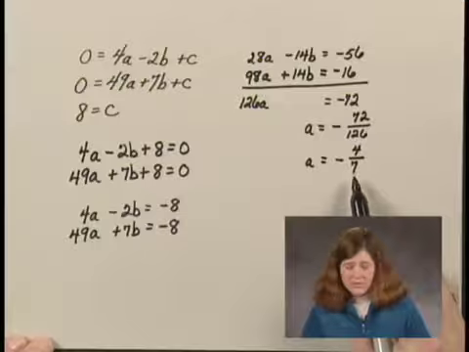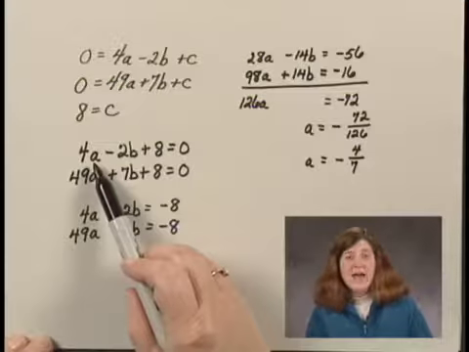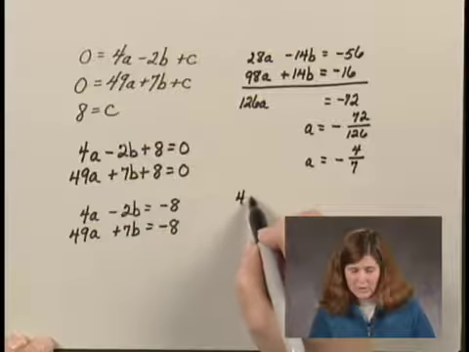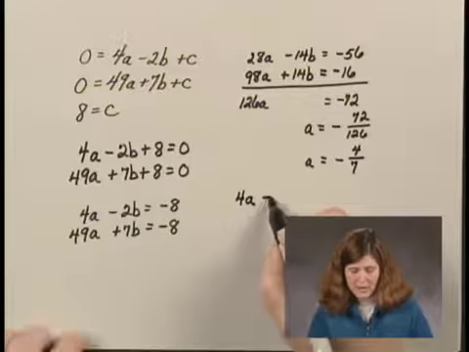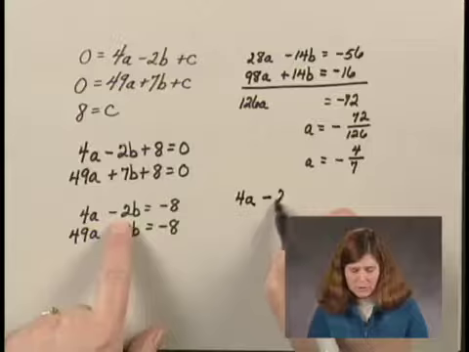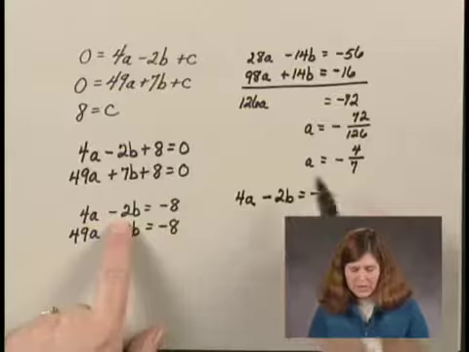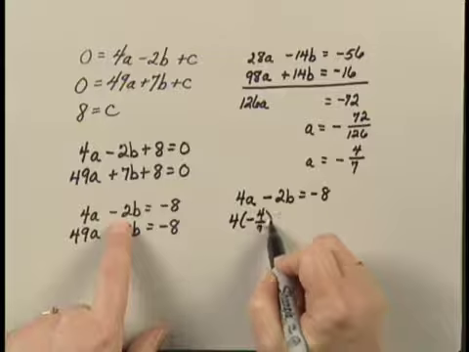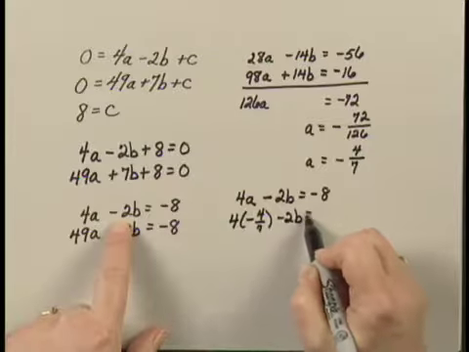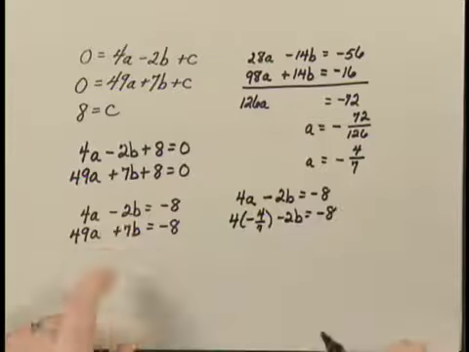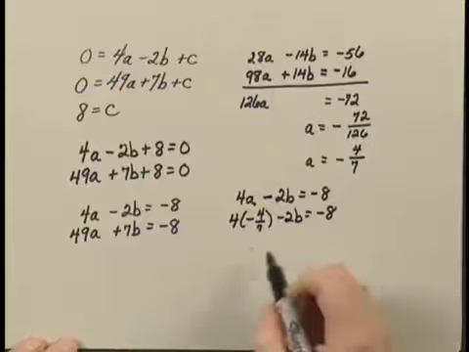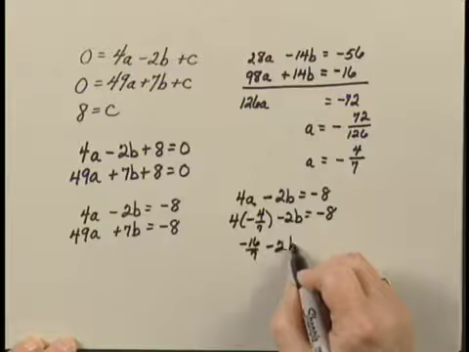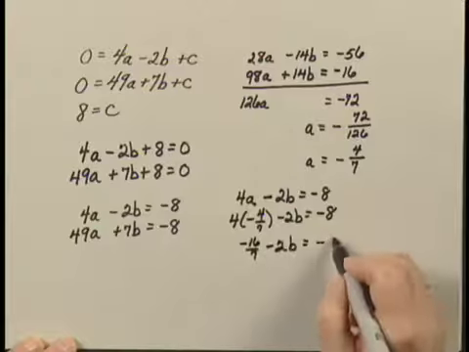Now if a is -4/7, I can substitute that for a in this first equation: 4a - 2b = -8. So I have 4 times -4/7 minus 2b equals -8. This gives me -16/7 - 2b = -8.